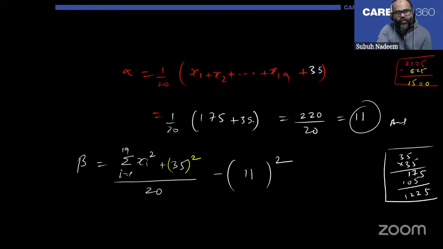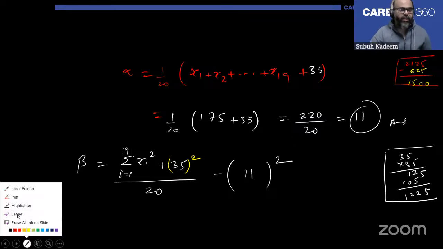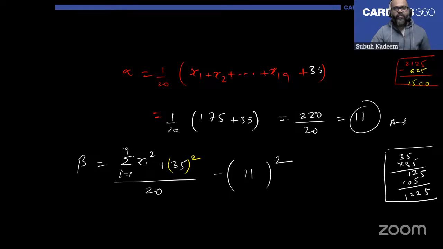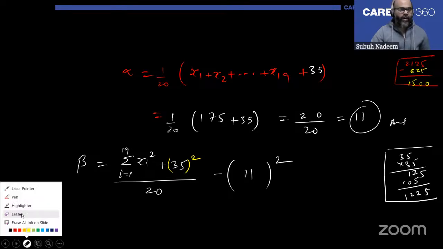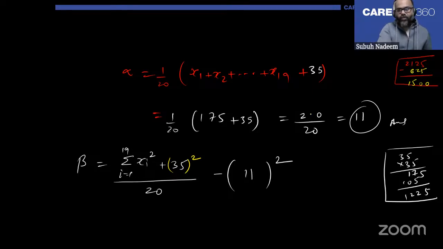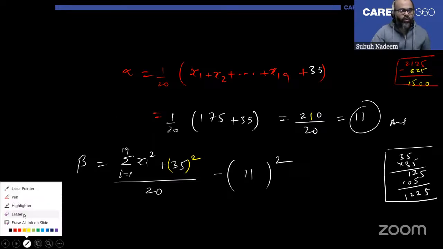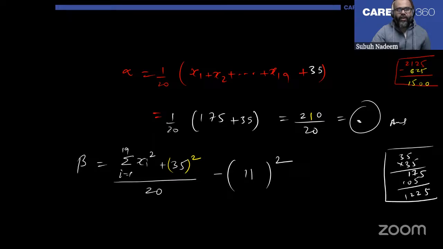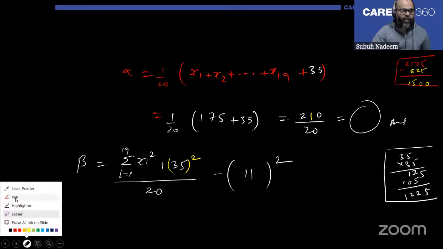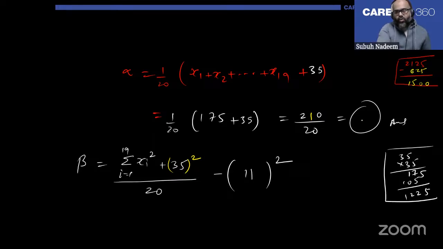Oh, sorry, there was a small mistake which I have made here. 175 plus 35 is 210. Okay, that's why there was a problem. So 210 by 20, if we will do, it will become 10.5.